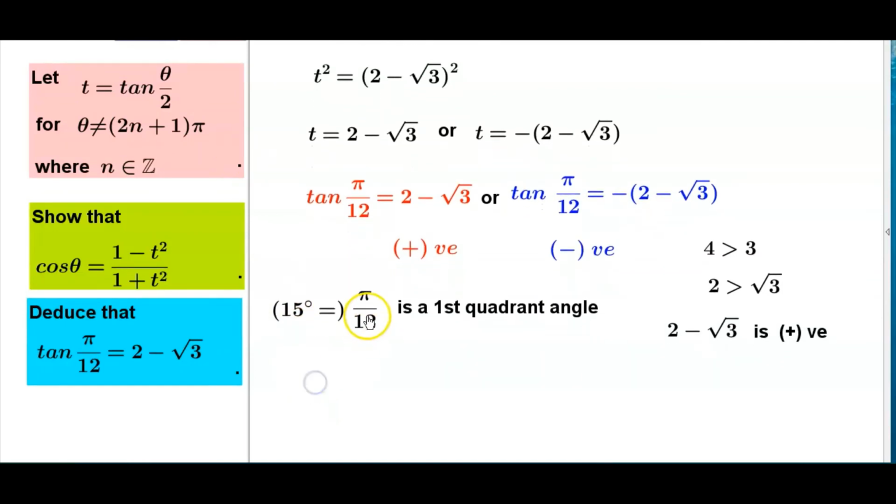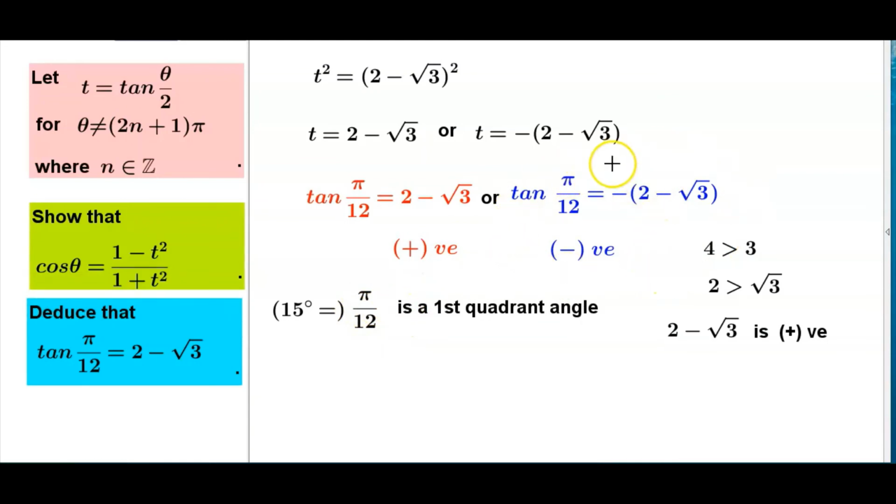But we know pi by 12 is approximately 15 degrees, in the first quadrant. For an angle in the first quadrant, tan always takes a positive value. It is not possible for tan to take a negative value in the first quadrant.